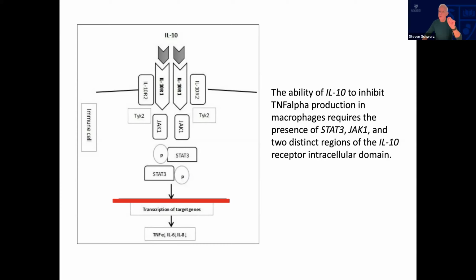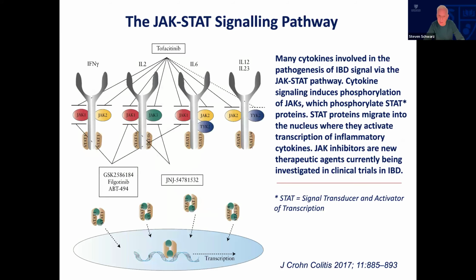And if you remember when we discussed tofacitinib, tofacitinib tries to do pharmacologically what IL-10 does. Blocks the JAK-STAT pathway, leading to the elaboration of pro-inflammatory cytokines. And here is the JAK-STAT signaling pathway, and I'll read it for you. Many cytokines involved in the pathogenesis of IBD signal via the JAK-STAT pathway. Cytokine signaling induces phosphorylation and dephosphorylation of these proteins.